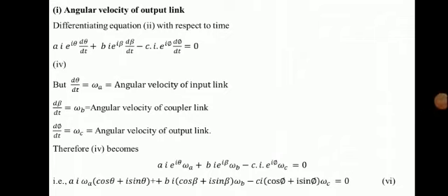Now, by substituting these values for the angular velocities of the input link, coupler link and output link, the real part of equation 6 is: −AωA sin θ − BωB sin β + CωC sin φ = 0. This is equation number 7.